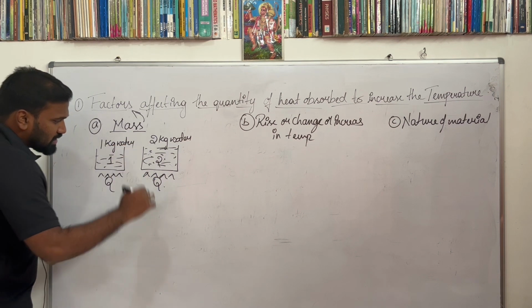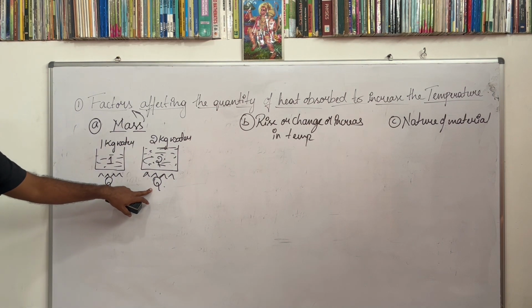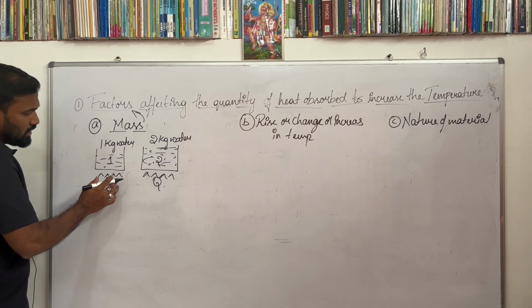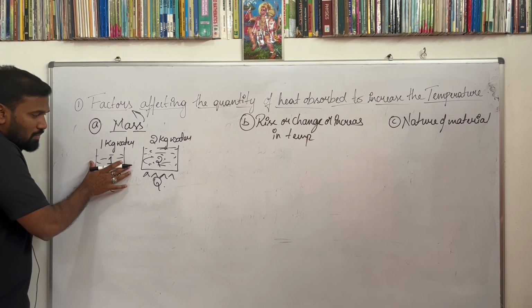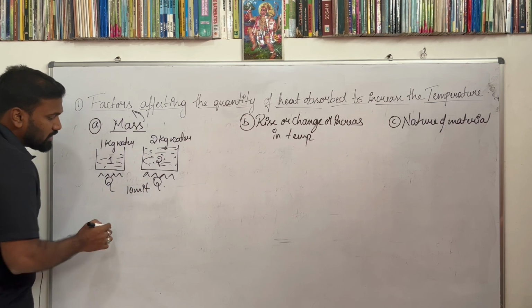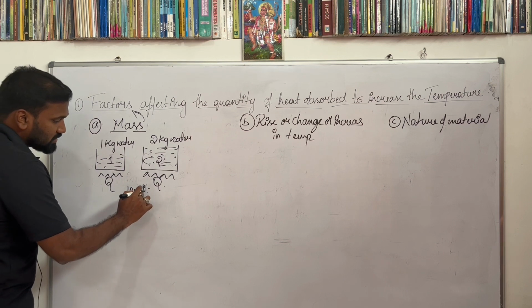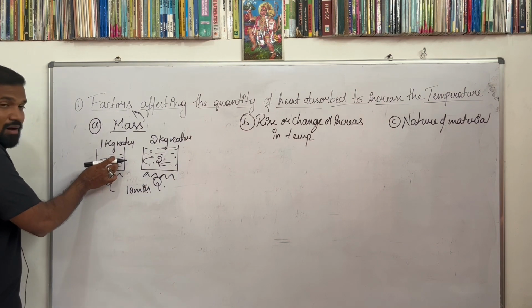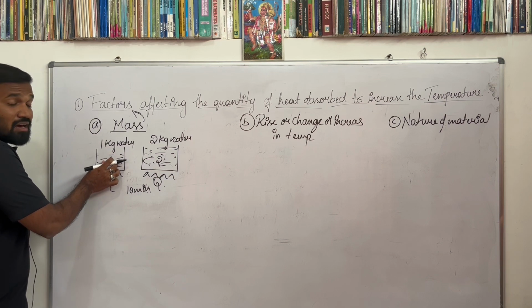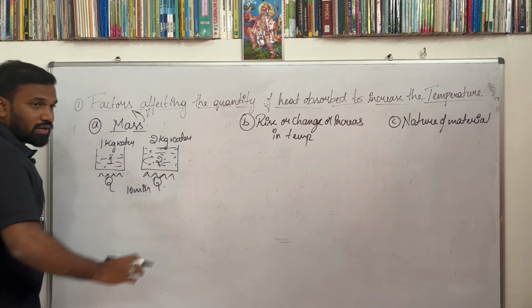Heat energy is a physical quantity, hence it is denoted by the letter Q. So if I put the fire and leave it for 10 minutes, the temperature here will be greater than this temperature.